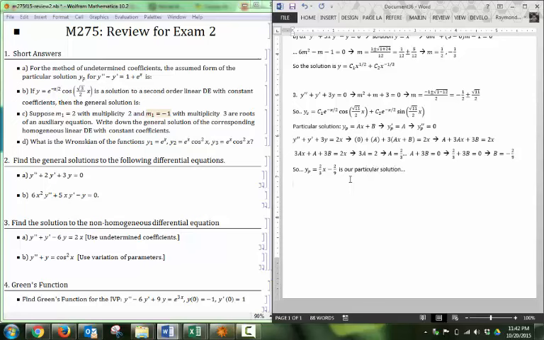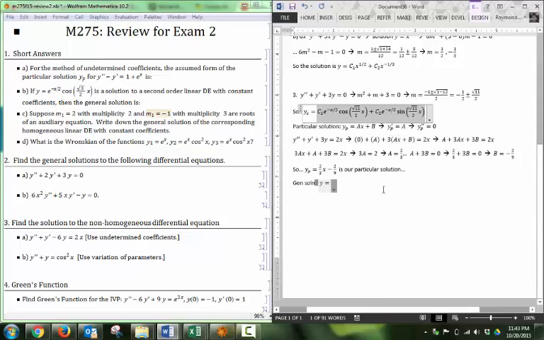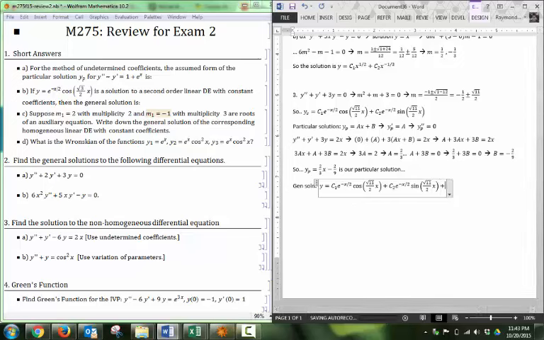So now that we have a particular solution, the general solution is going to be y equals our first solution from the homogeneous differential equation, and then tack on our y sub p from our particular solution.